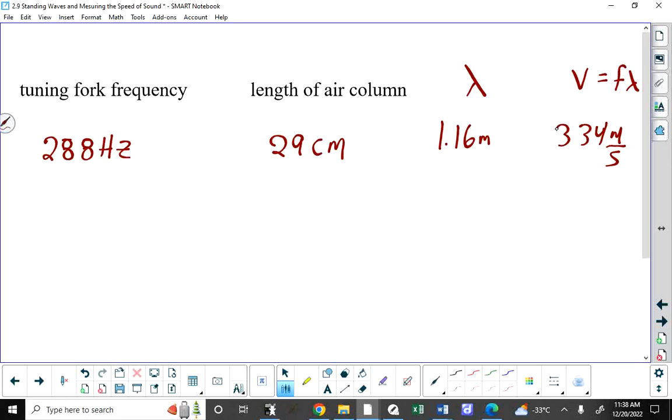Now, let's do, that was 288. If I go to a lower frequency of, no, let's go to a higher frequency of, I think that says 384.